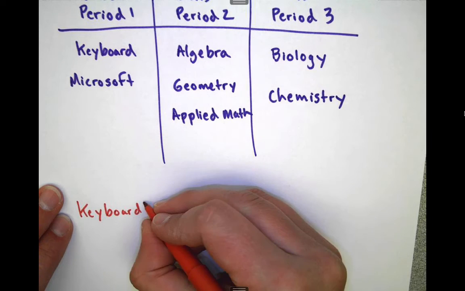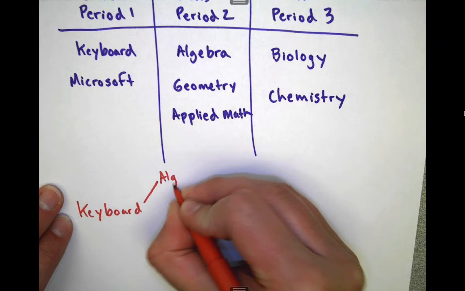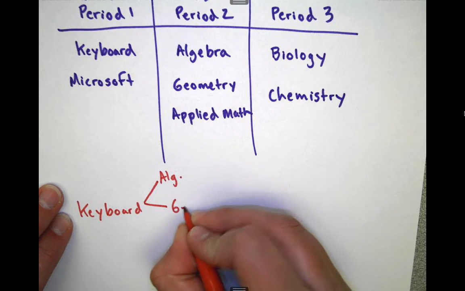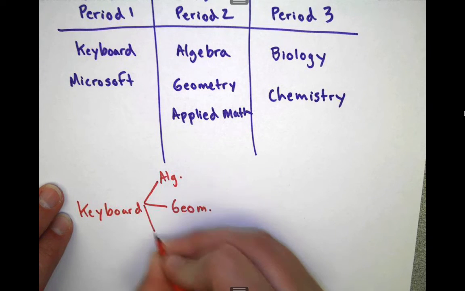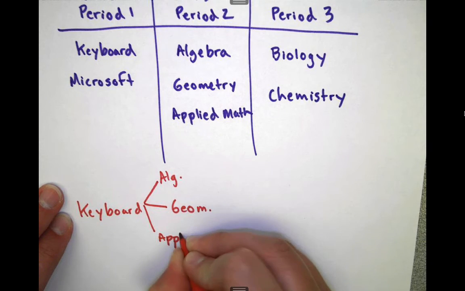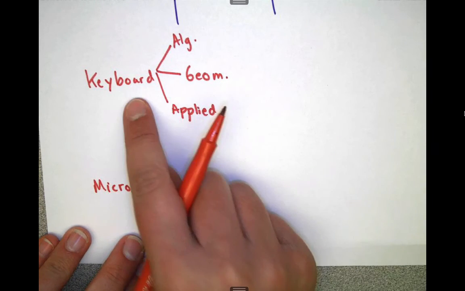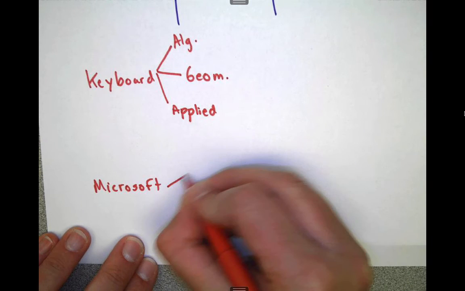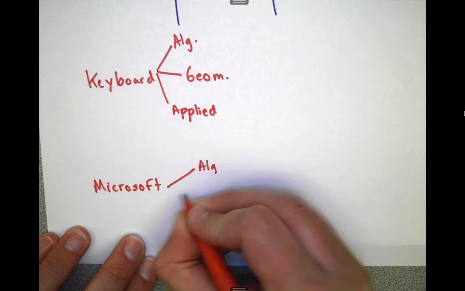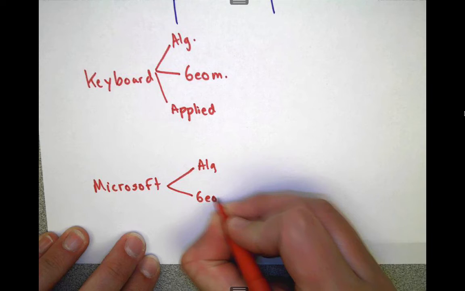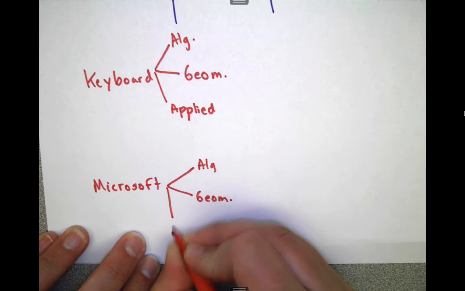You're either taking algebra, geometry, or applied math. Those are your 3 choices. So you're either doing keyboarding with algebra, keyboarding with geometry, or keyboarding with applied math. Or you're doing Microsoft with algebra, Microsoft with geometry, or Microsoft with applied math.